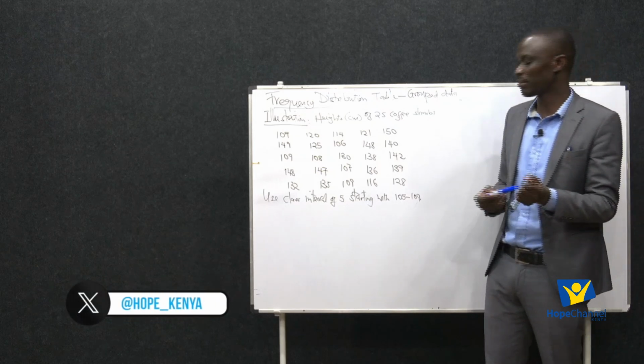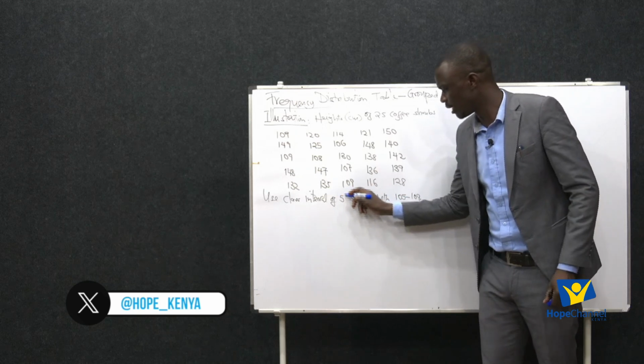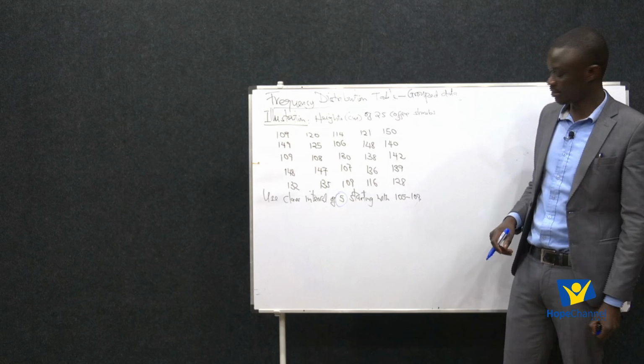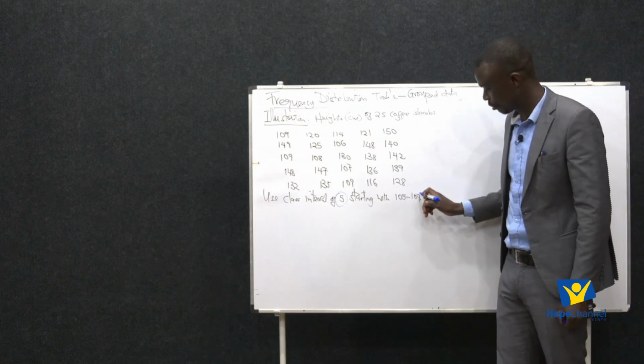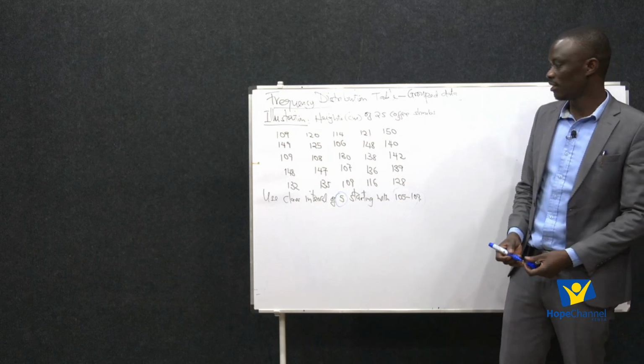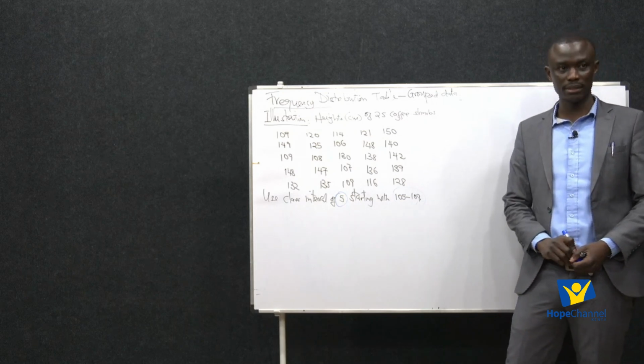Assuming we are students, sometimes they fail to give us the class interval and where we should start. So how can we go about that?